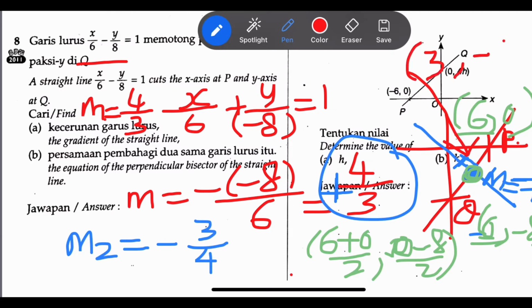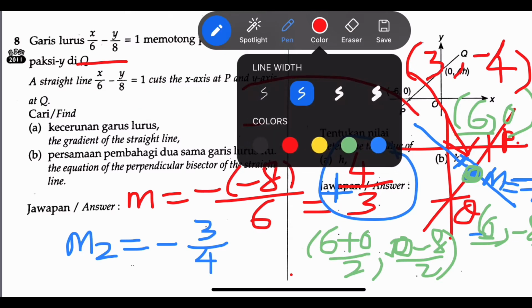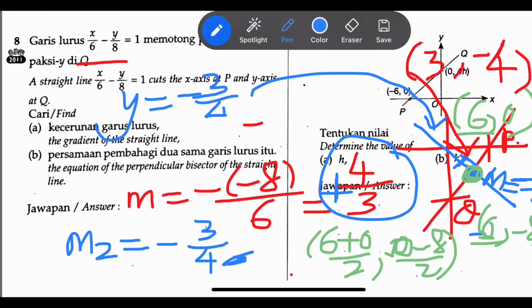So the midpoint is (0 plus 6) divided by 2 and (0 minus 8) divided by 2, which is (3, -4). The midpoint lies on the blue line, so we can form the equation once we have the gradient and the point on the line.